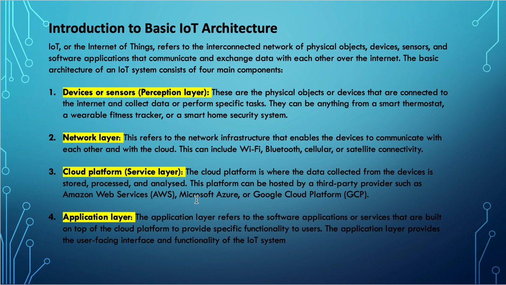So embedded IoT systems would consist of devices or a physical layer which includes sensors, actuators and processing. That means the perception layer would have inputs and outputs, right?